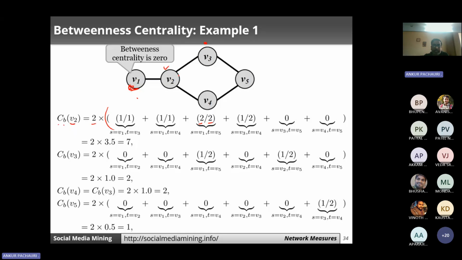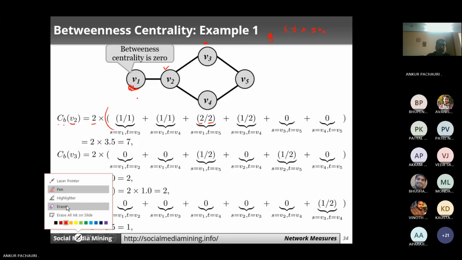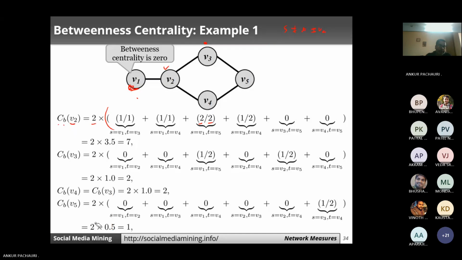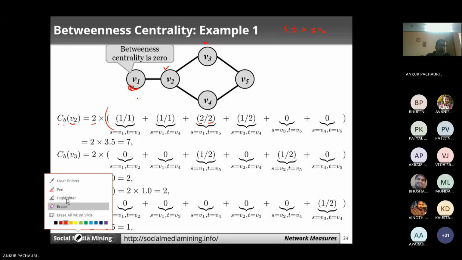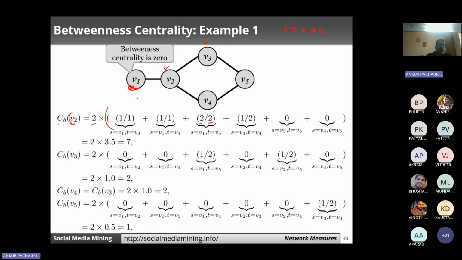V1 to V2 I cannot take, because S should not be equal to T, and should not be equal to Vi. And currently I'm working on V2. So V1 to V3 we are done.